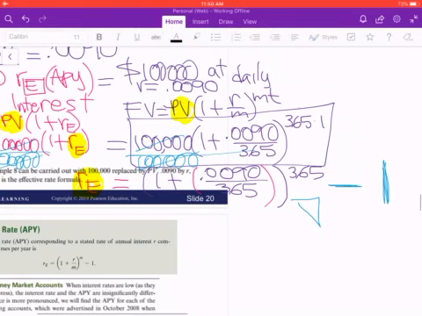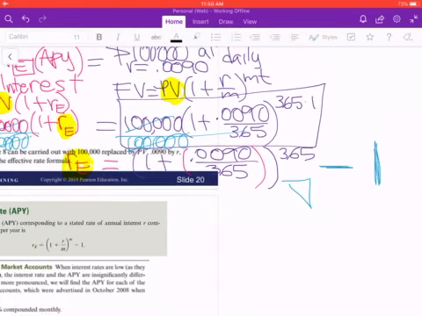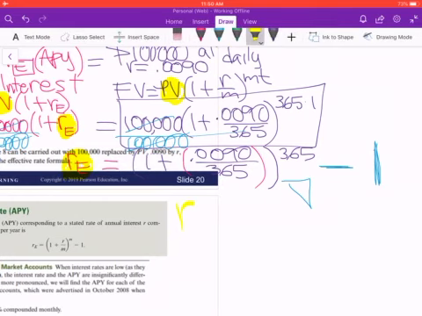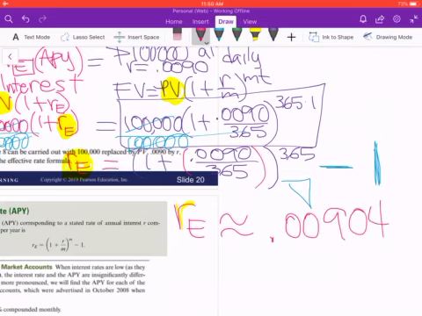And if we enter all of that on the calculator, we will obtain that the effective rate will be approximately 0.00904. And if we convert this to a percentage, we multiply by 100, so it will be 0.904%.